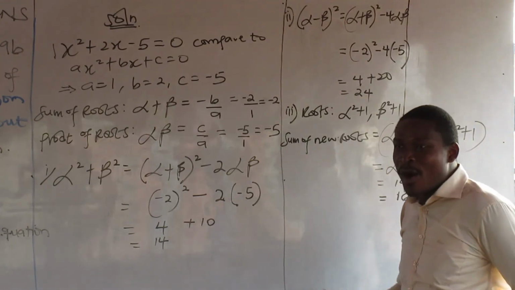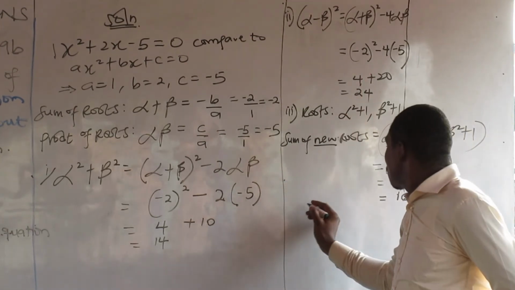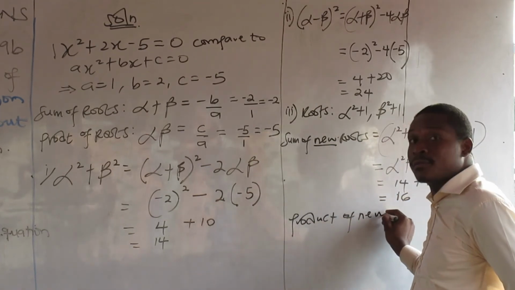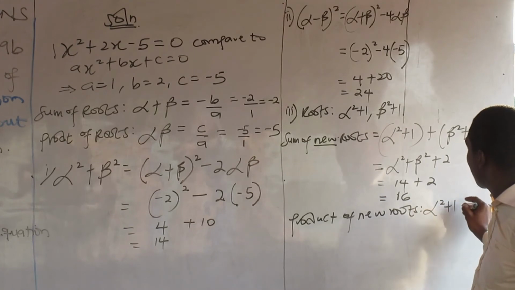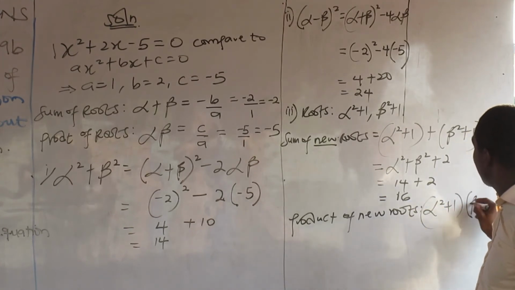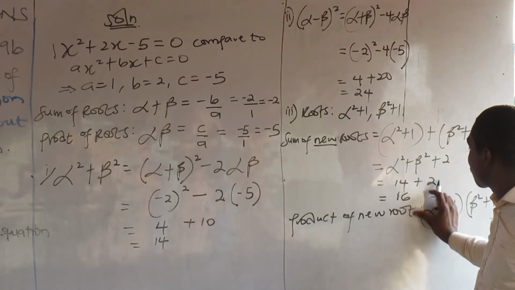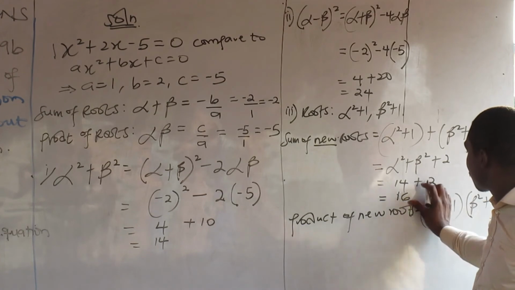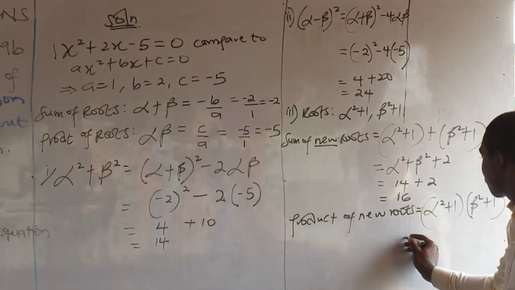Now, product of new roots. Are you okay? Why do I say new? I have an old root. So product of new roots. That is alpha squared plus 1 all times beta squared plus 1. So you have to do some expansion here, right? Okay, expansion.